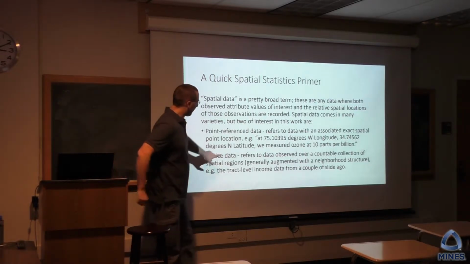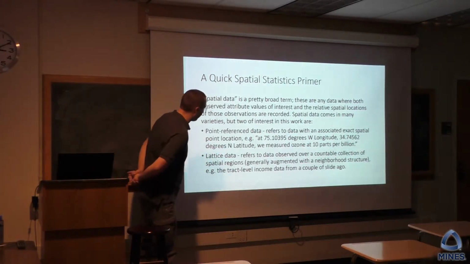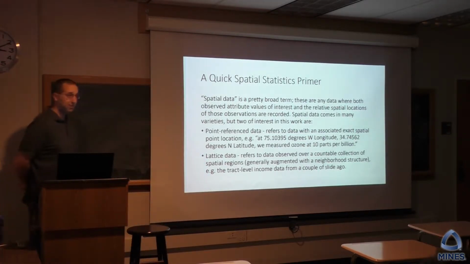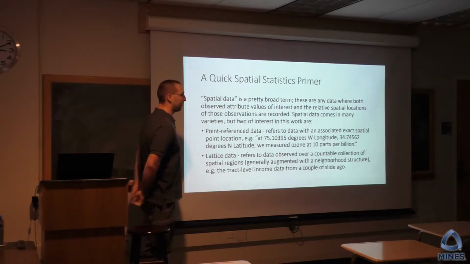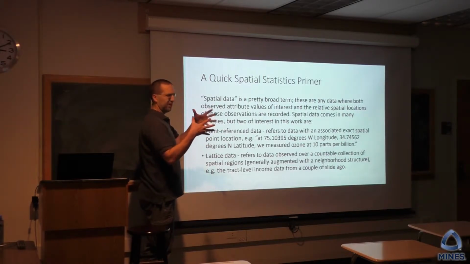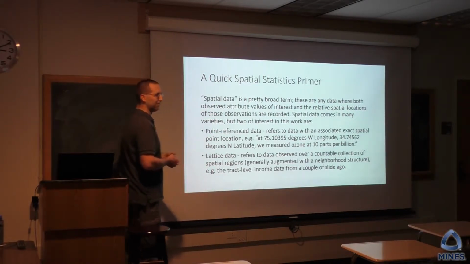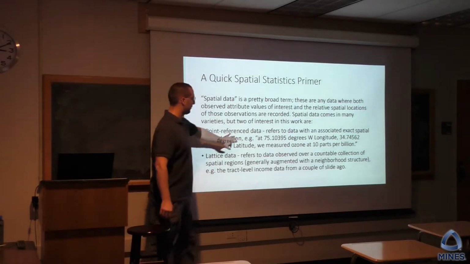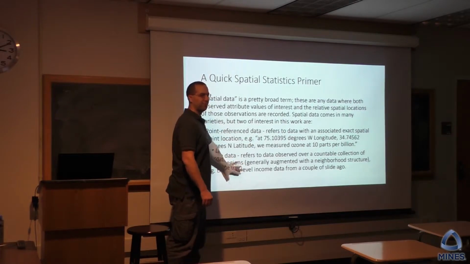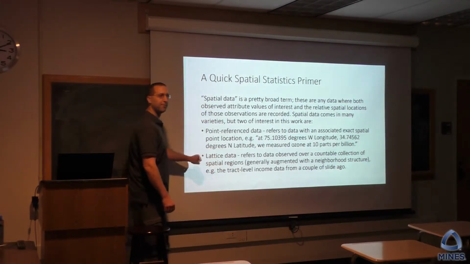Lattice data refers to data observed over a countable collection of spatial regions. And that's what we have with the ACS data. We're talking about observations that are tied to areas, or volumes if you're doing this in 3 dimensions, or intervals if you're doing it in 1. So instead of being associated with a specific point location, they're smeared across a bunch of them. Okay?